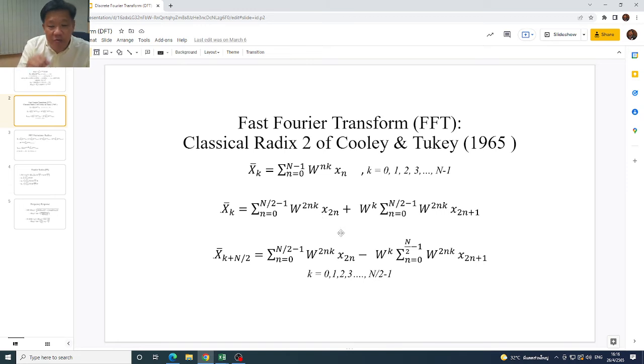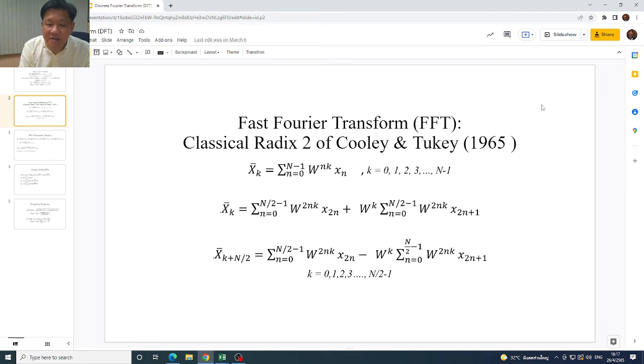You keep doing that until the summation is reduced down to just two terms. With that summation of two terms, you're reaching what we call the original x value. And that's the whole idea, that it keeps reducing by half.